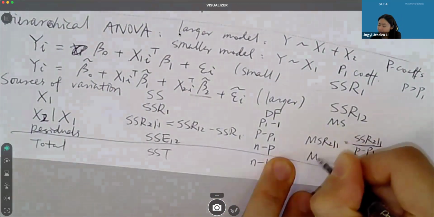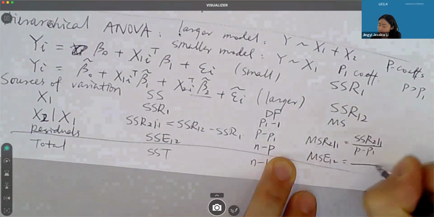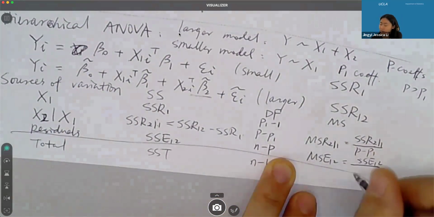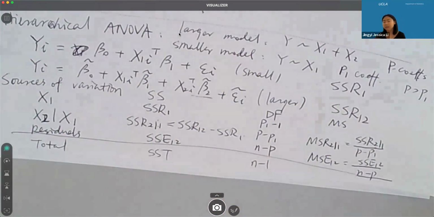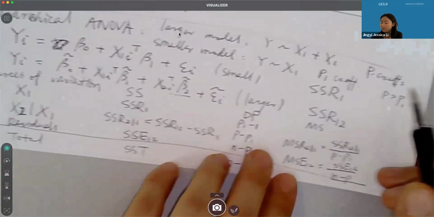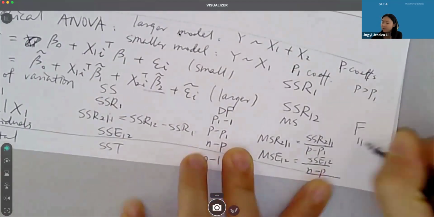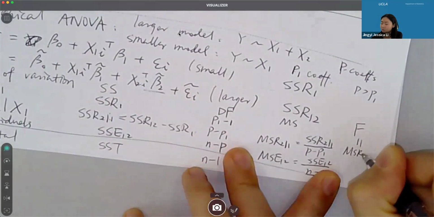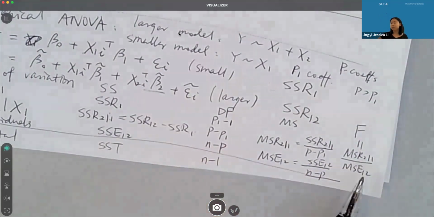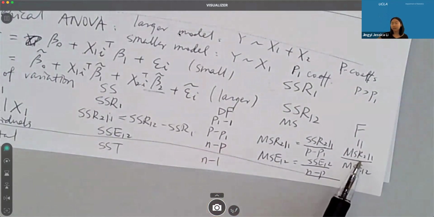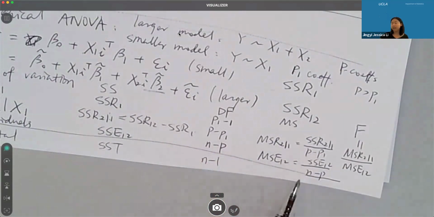And MSE 12 is just SSE 12 divided by n minus P. So it's our estimate of the error term, sigma square. And then the F statistic is defined as MSR 2 given 1 over MSE 12. And for the null distribution, the F distribution has degrees of freedom P minus P1 and n minus P correspondingly. Okay, so that's exactly what we did for the hierarchical.